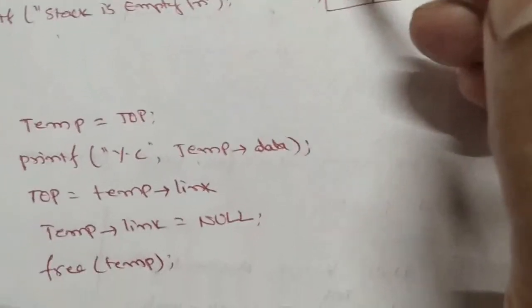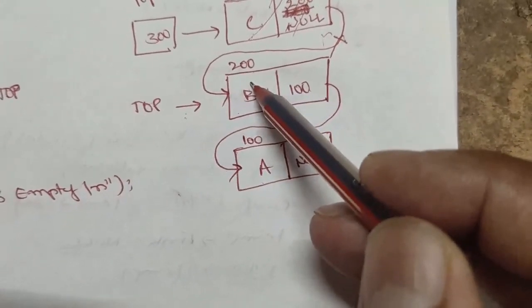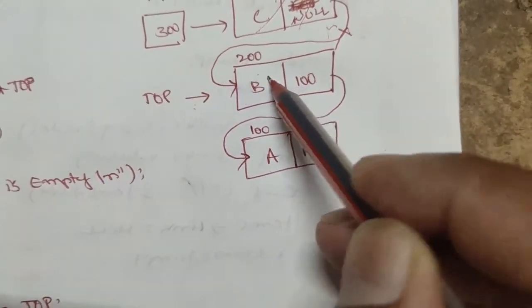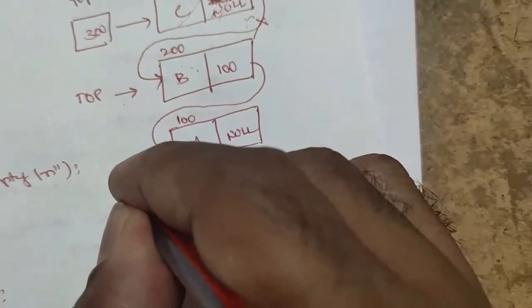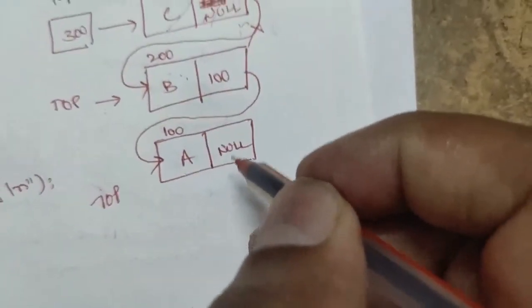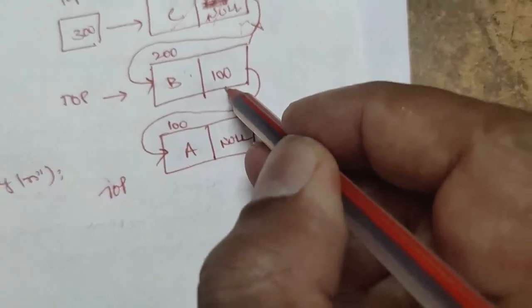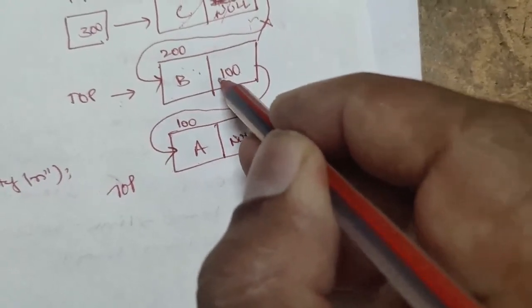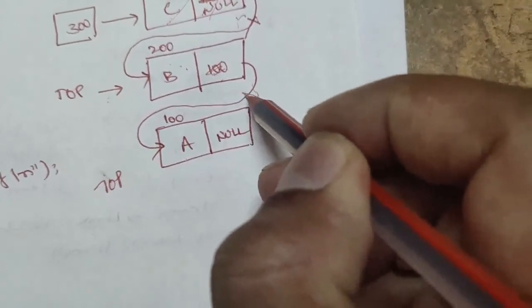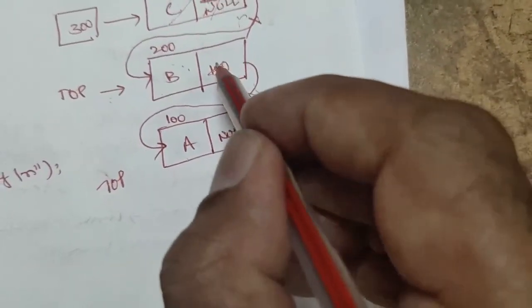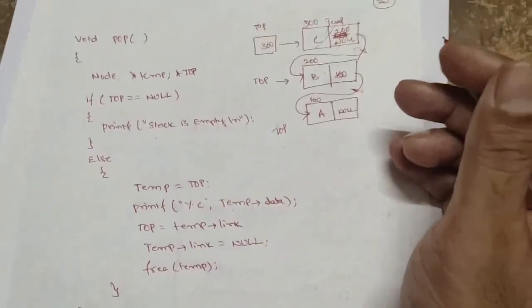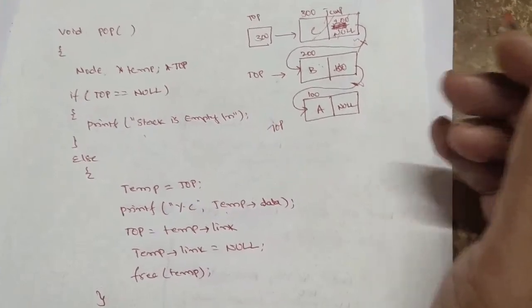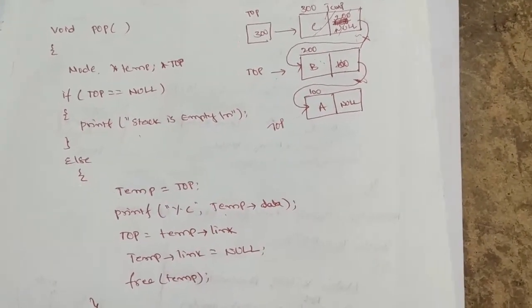Hence temp equal to top. Now this node is turned into the temp, and top equal to temp link. Now the top comes to here. Temp equal to top, top equal to temp link, that is 100, and then we keep null here because we are discarding this link, and after that we free the temp. This is the entire code for popping an element of the linked stack.